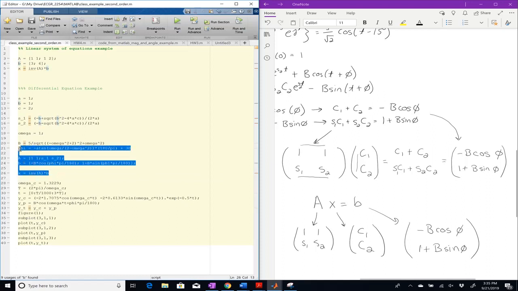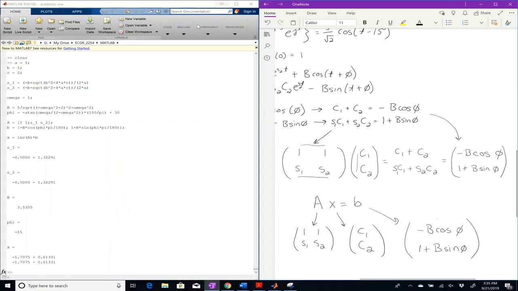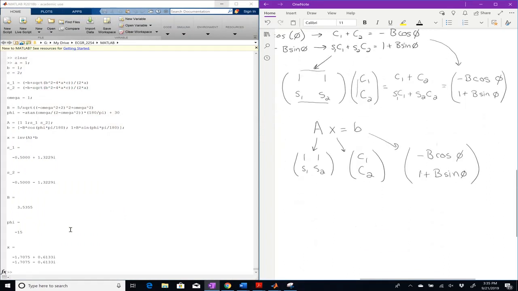So I'm going to highlight all of this code right here, and then I'm going to evaluate this selection. And here's my results. So I'm going to write down a couple of things for myself right now. S1, I know I put that up top, but I'm going to put it here again. So it's minus 0.5 plus j times 1.3229.